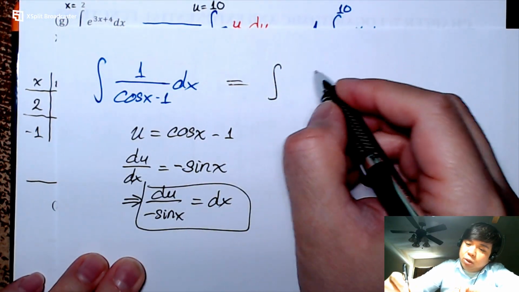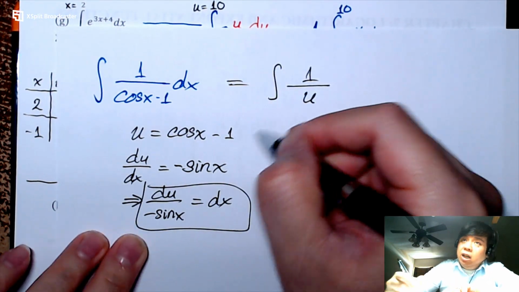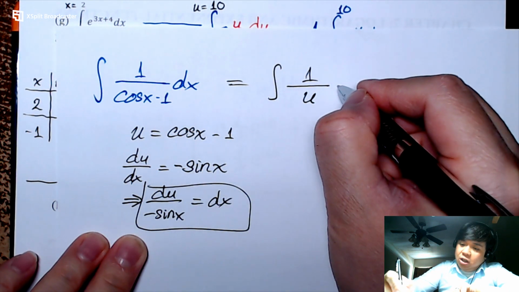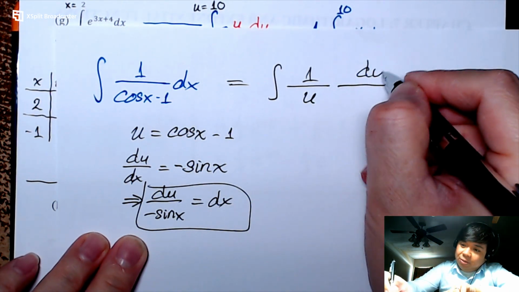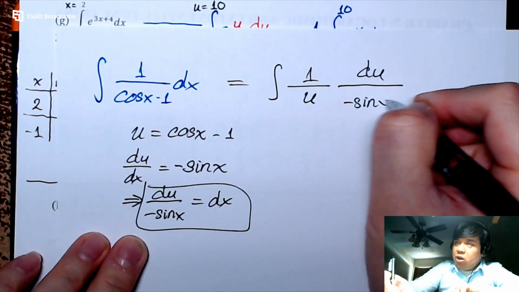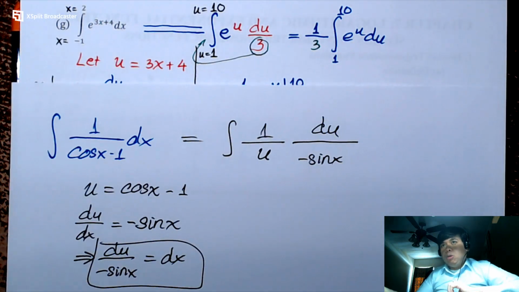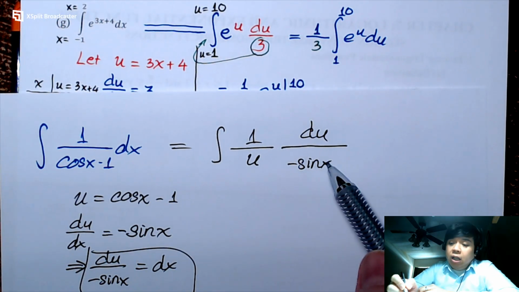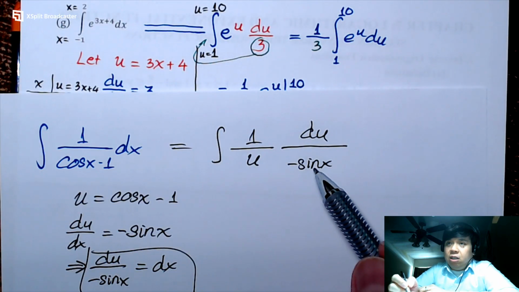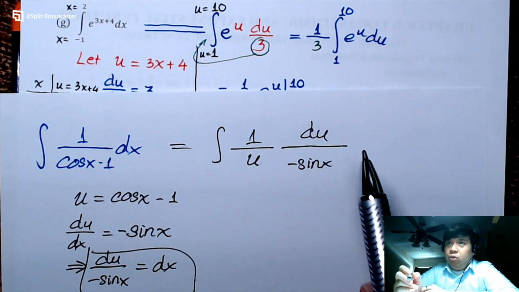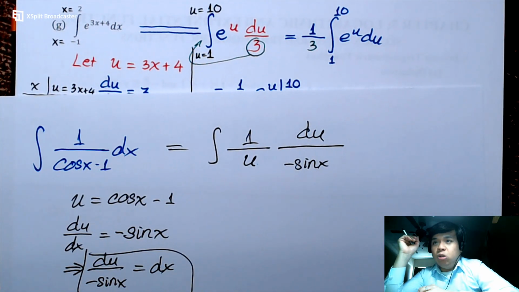And if we substitute in the problem, we have 1 over u, and dx is this, and that is the major problem, because we're not supposed to have this. So the substitution, if it works out perfectly, we should not have an x left, and we have an x in the integral of u. So that's why it doesn't work this way.